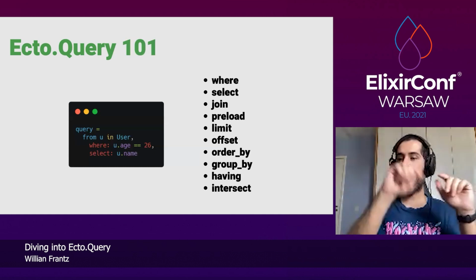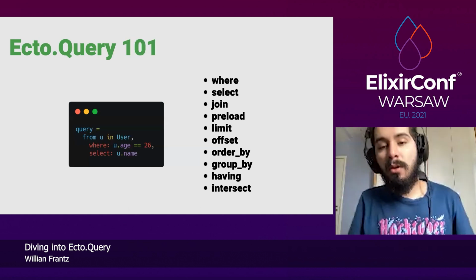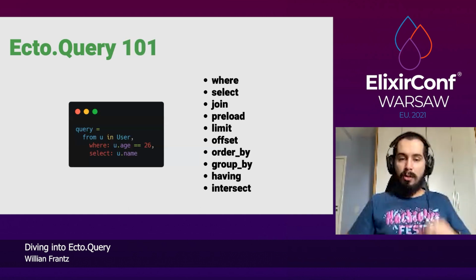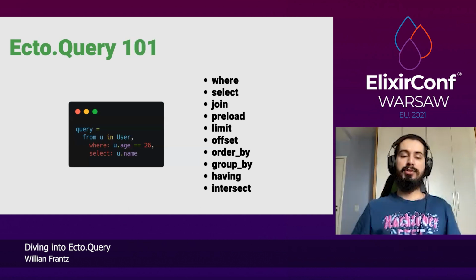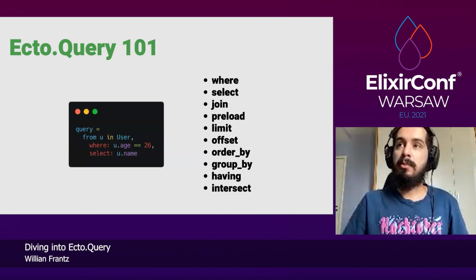So we are pretty much doing a pagination on our data. We have the order by, group by, in case we want to order or group. We have the having. We have the intersect. We pretty much could use everything that we need to create a complex query here.